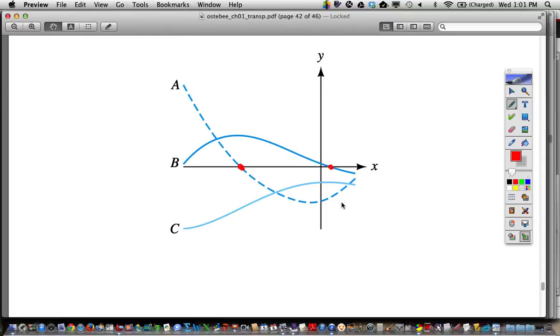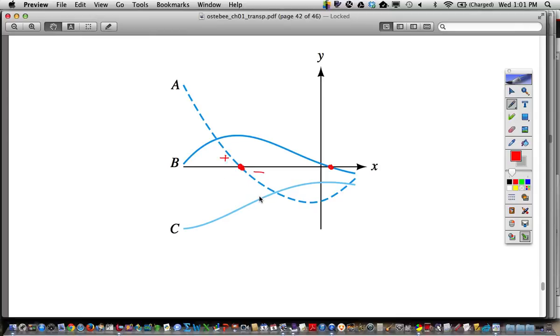When F prime is 0, that's when F has max, mins, and flat spots. When F double prime is 0, that's when F prime has max, mins, and flat spots. And when F double prime is 0 is when F has a possible inflection point. So at 0 is where all the important stuff happens. So what I would do is look at this right away. I would notice this and this, because there's so much information there, you've got to focus in on the bits and pieces. Well, what's that tell you right there?